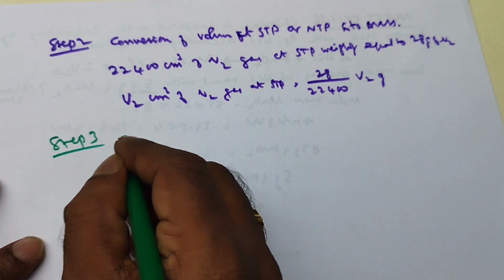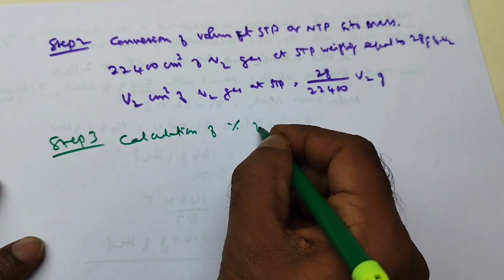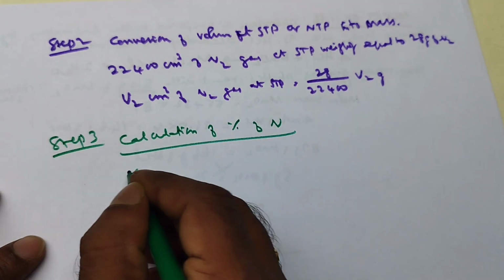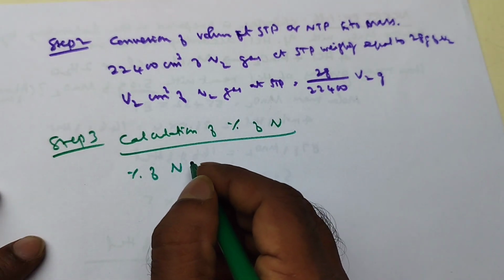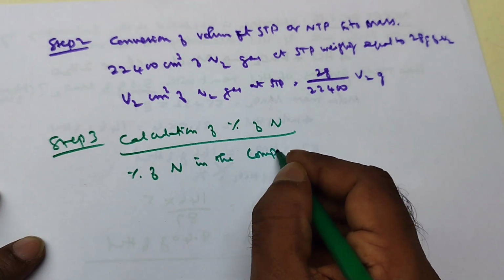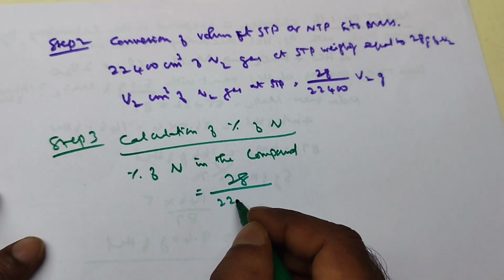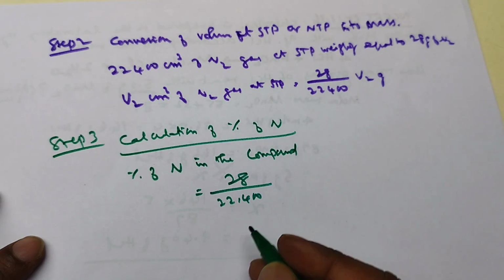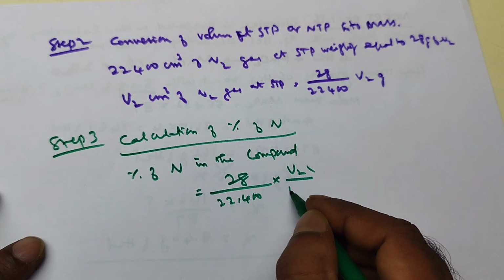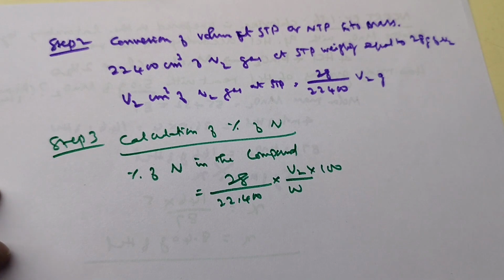Step 3 is the calculation of the percentage of nitrogen. The percentage of nitrogen in the compound is 28 divided by 22,400 into V2, divided by the mass of the organic compound W, into 100. Percentage means 100.